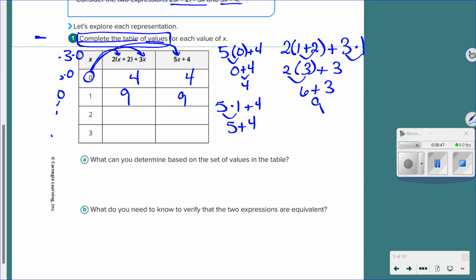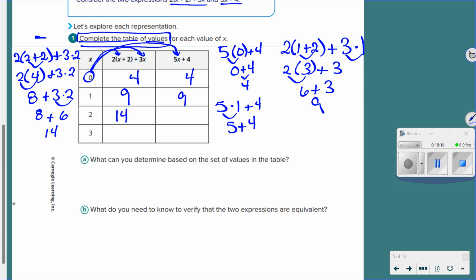The next one, what am I substituting x for? 2. So I put it in the problem. So parentheses, 2 plus 2? 2 times 4. 3 times 2. 8 plus 6. 14.